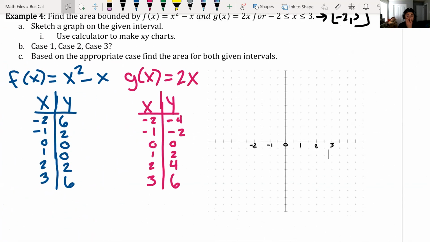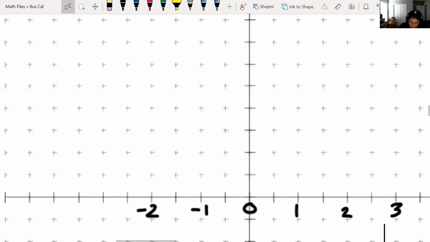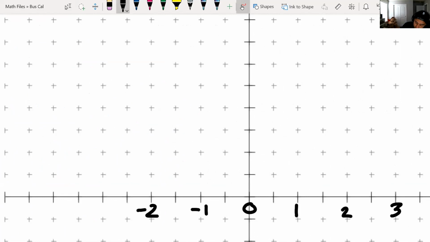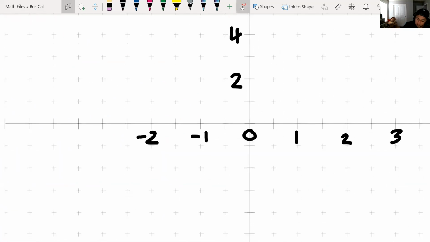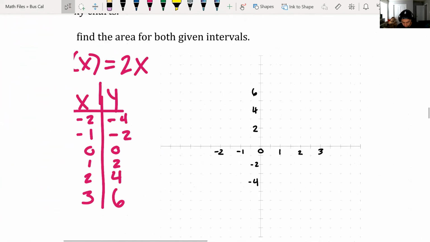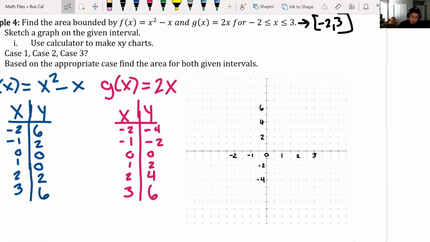The smallest was -4. So again, I can say 2, 4, 6, and -2, -4. Which means we are ready to graph.